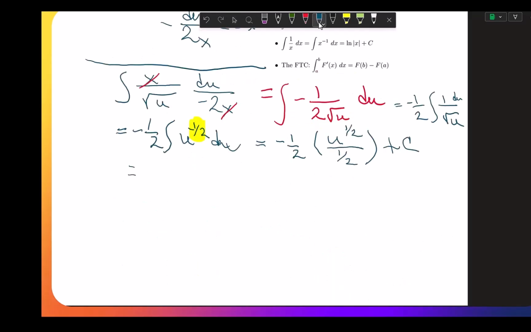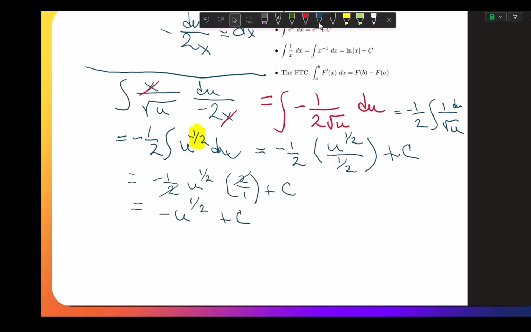This is equal to minus 1/2 times u to the 1/2 power, and divided by 1/2 is the same as times 2 over 1. This 2 cancels with this 2. I get negative u to the 1/2 power plus c.